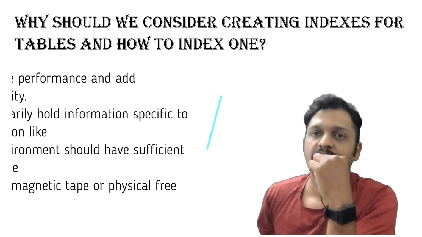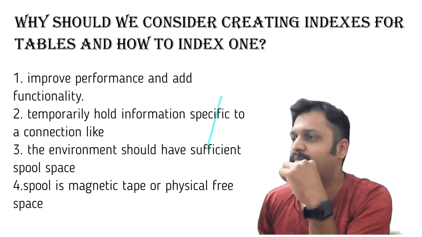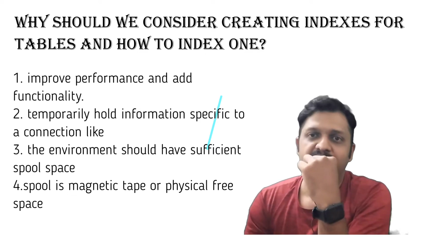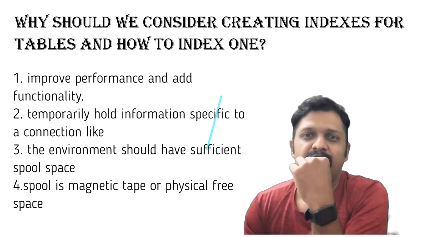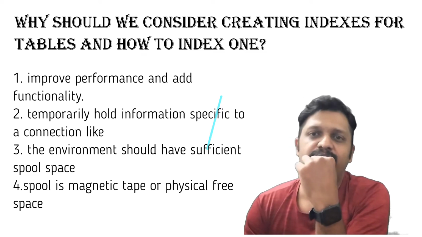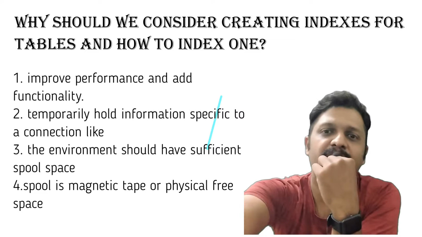Next question. Why should we consider creating indexes for tables and how to index one? Index the table in your relational database. To successfully index your dataset, identify the fields that you frequently filter on and add them to the index. If you have a field that you use as a context filter, consider setting it as your primary index.